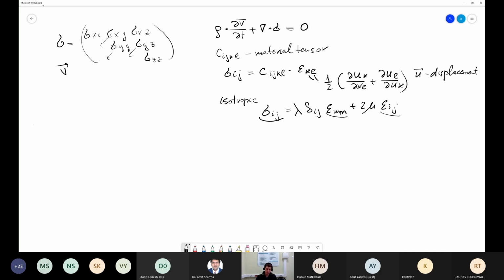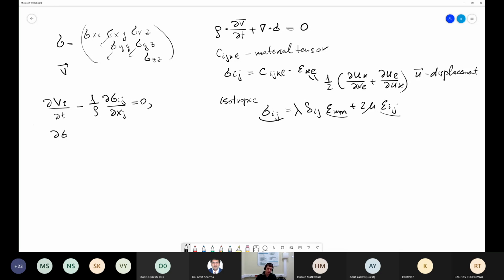the final system for the elastic medium. dv_i over dt, this is valid for vx, vy, and vz, minus 1 divided by rho d sigma ij over dx_j. This member of the equation is equal to 0. For simplicity, we will not put here the external force.